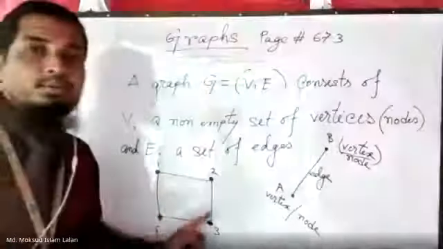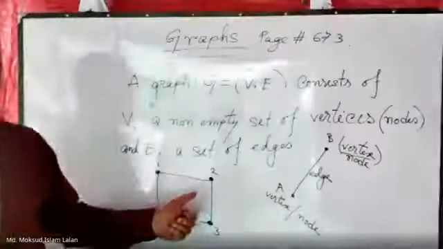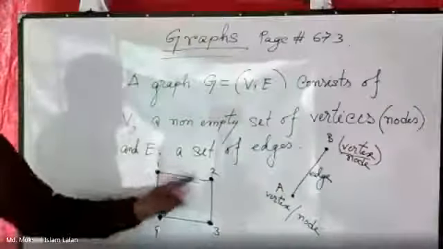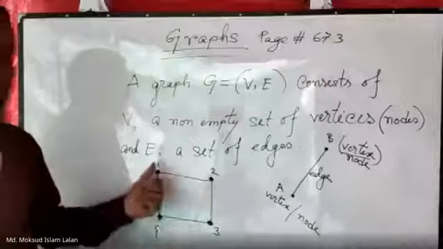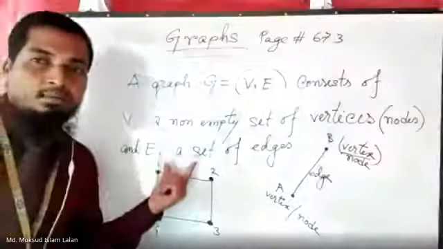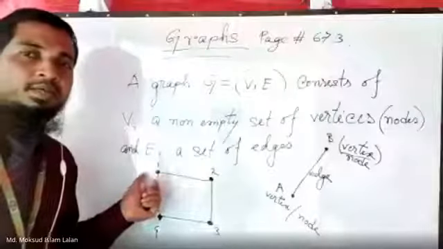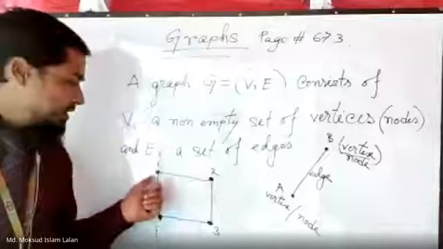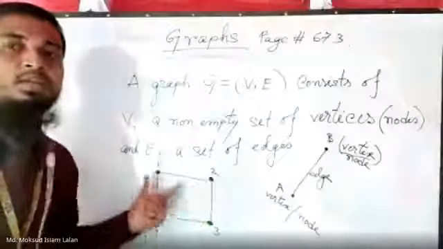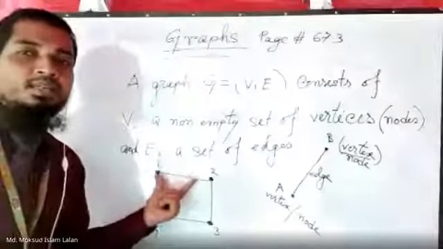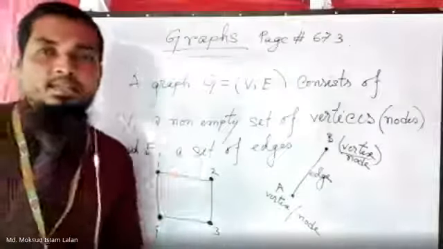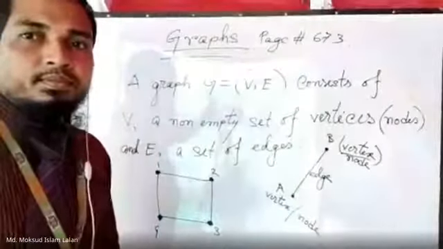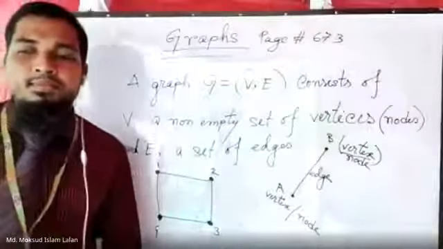These dots are called vertices, and the connection between any vertices, connected by a line, is called an edge. Okay.